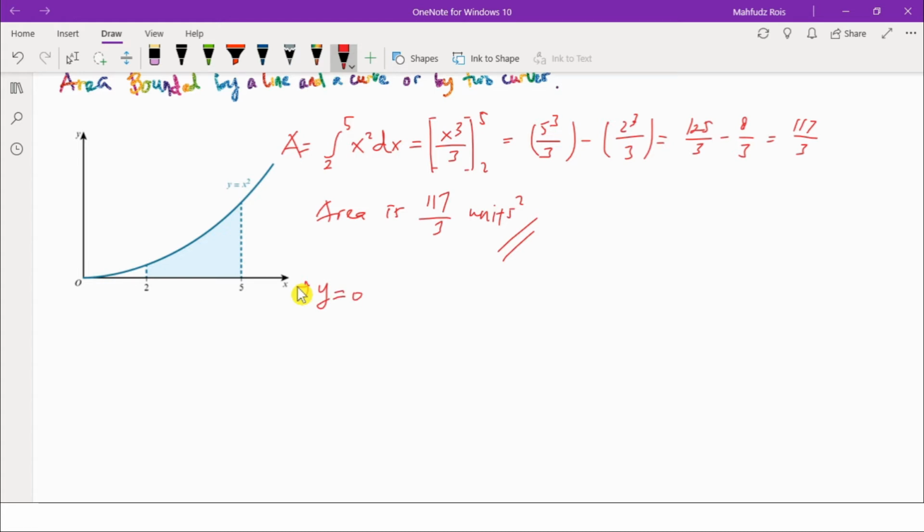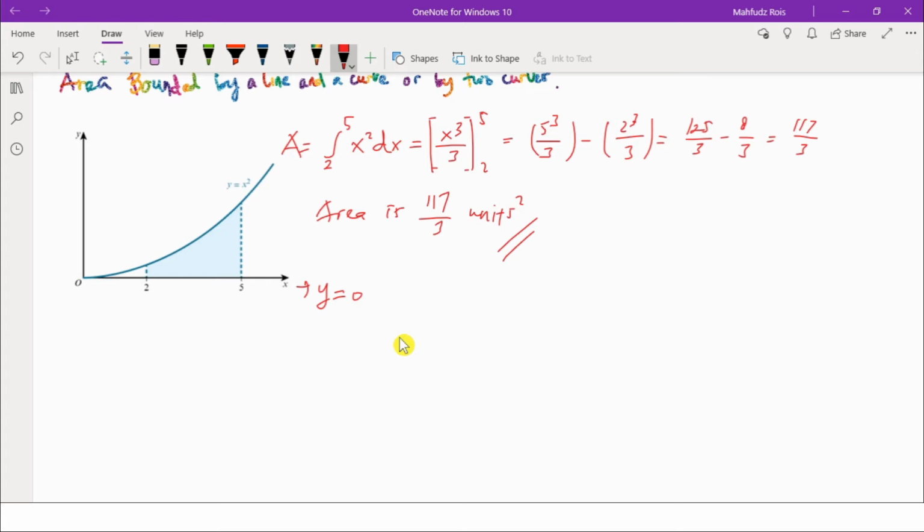Now, we can use the same technique for areas bound by two curves or a curve with a line. So actually this area comes from being bounded by this curve and the x-axis, or y equals x squared and y equals 0.